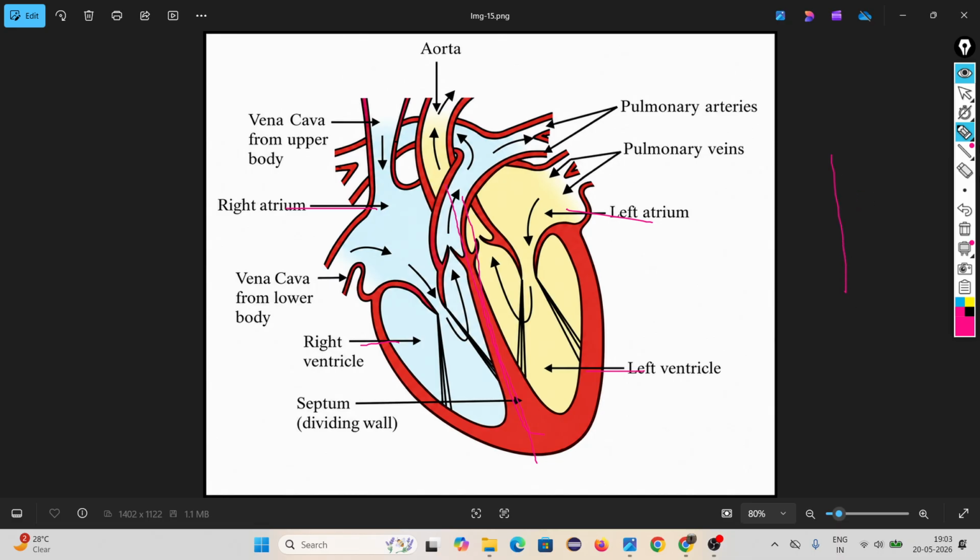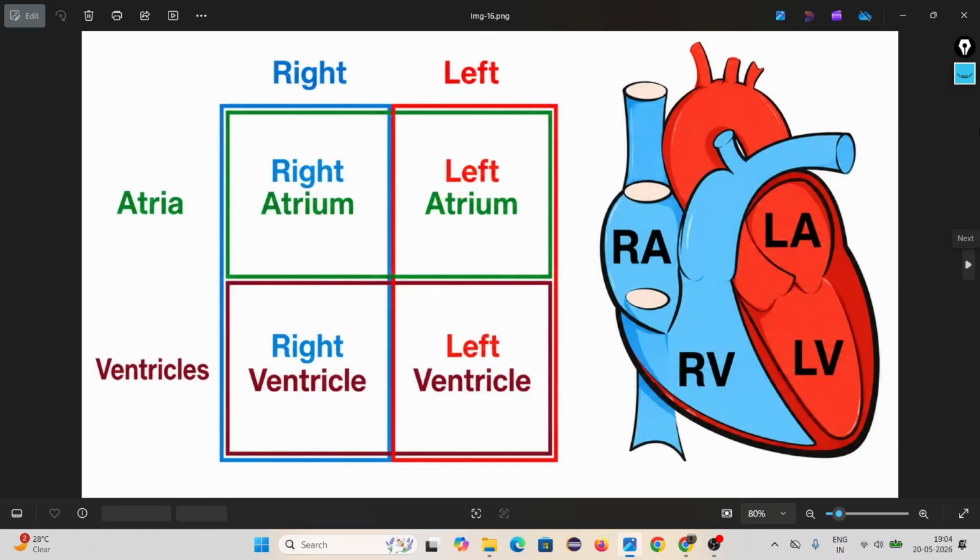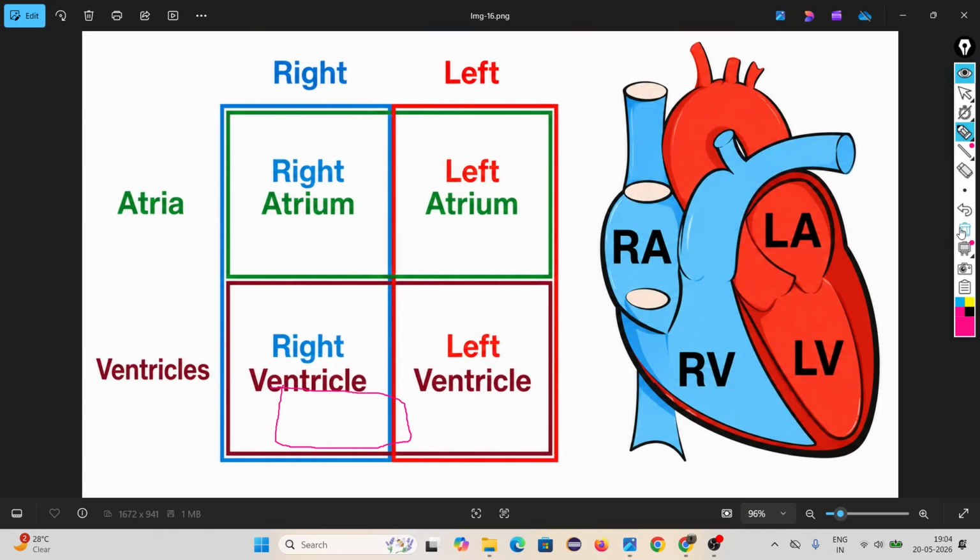They are not connected. They are separated by a wall called the septum. The septum divides the left atrium and right atrium, and the left ventricle and right ventricle.